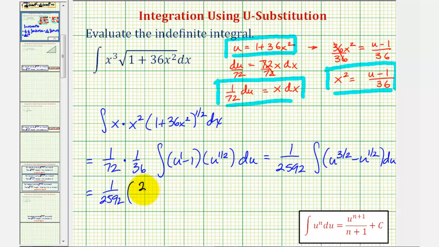So we'd have 2/5 u to the 5/2, and then we'd have minus the antiderivative of u to the 1/2 would be u to the 3/2 divided by 3/2, or 2/3 times u to the 3/2, and of course plus c. And after the last step, we'll substitute 1 plus 36x squared for u to find our antiderivative with respect to x. Let's go ahead and do this on the next slide.